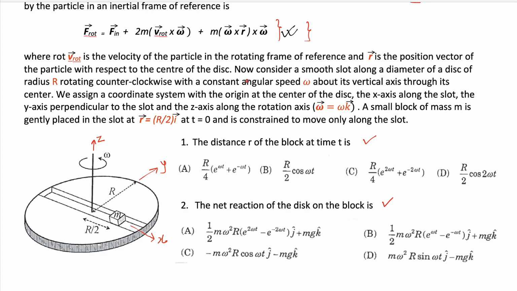Now consider a smooth slot along the diameter of the disk of radius R, rotating counterclockwise with a constant angular speed omega. We assign a coordinate system.